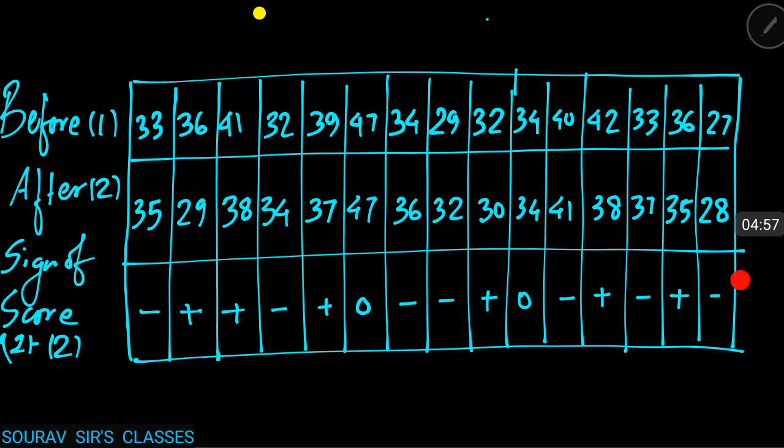Here is the table which is given before, after, and the sign of score, which is before minus after. I'm dictating the table: before 33, after 35, the sign is minus; before 36, after 29, the sign is plus, and hence the table follows.